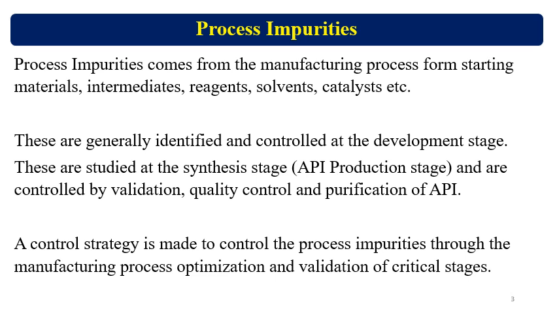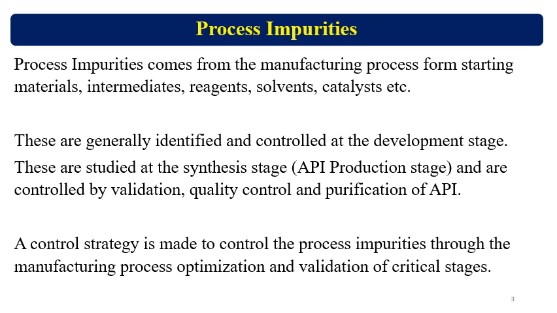And generally these process impurities are controlled by the API supplier or API vendor. These are identified and controlled at the development stage only. These are studied at the synthesis stage of the API during research and development, scale up, and the exhibit batches of the API.